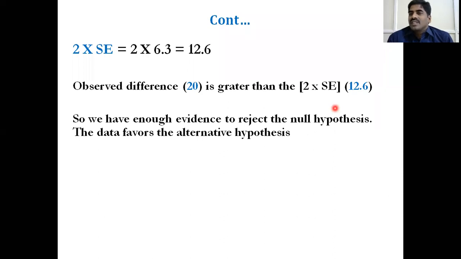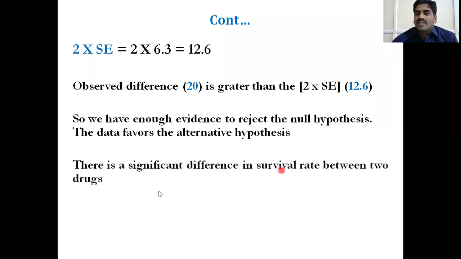No significant difference in survival rates between the two drugs. We got the evidence so that we can reject the null hypothesis. The data favors the alternative hypothesis, that there is a significant difference in survival rates between two drugs. So which drug is better? Drug A is better than drug B.